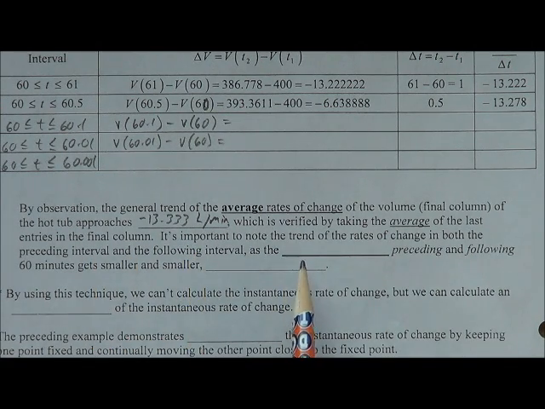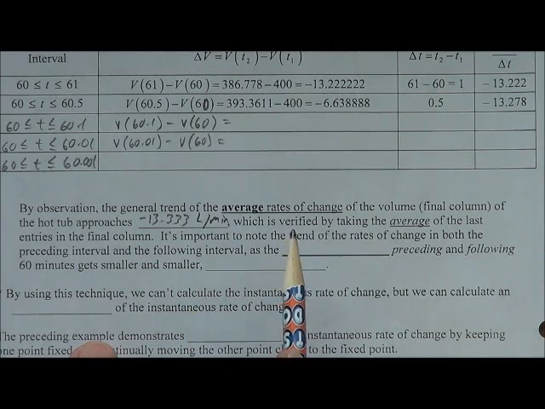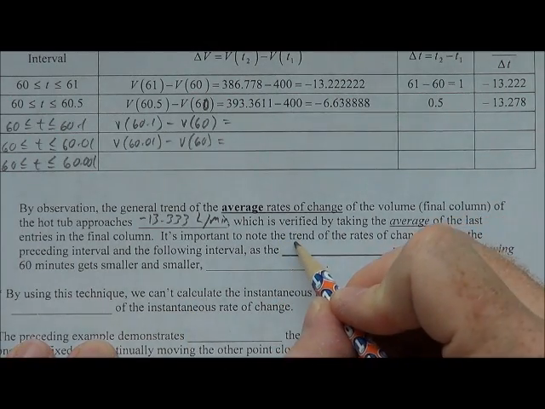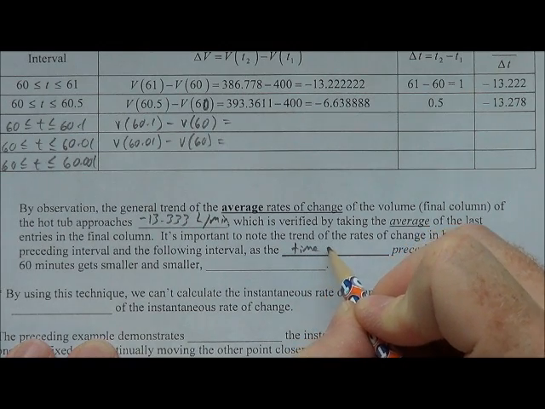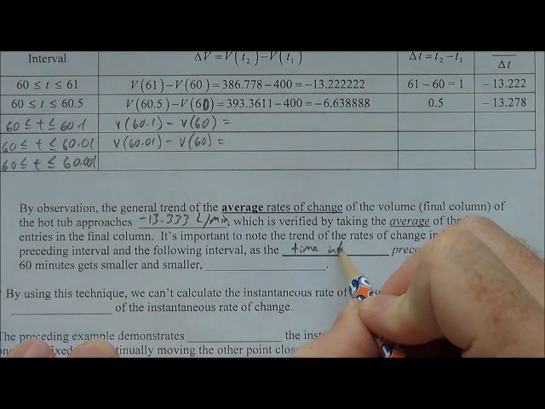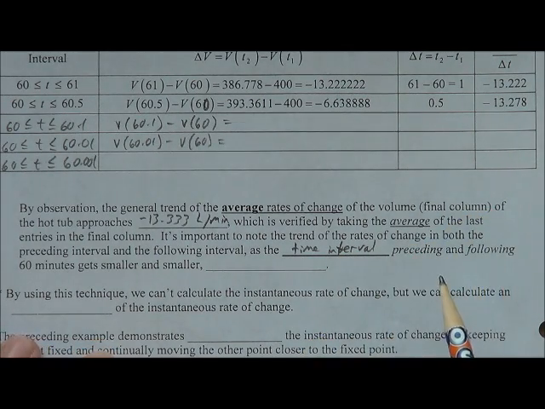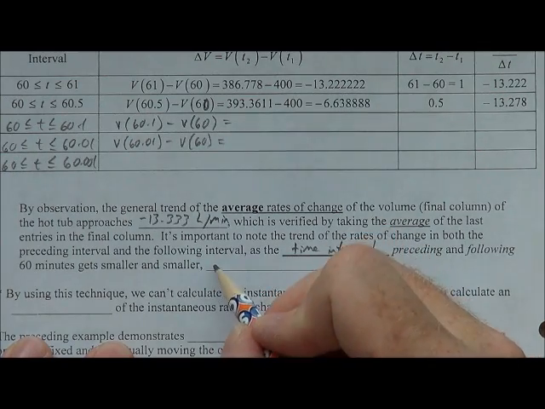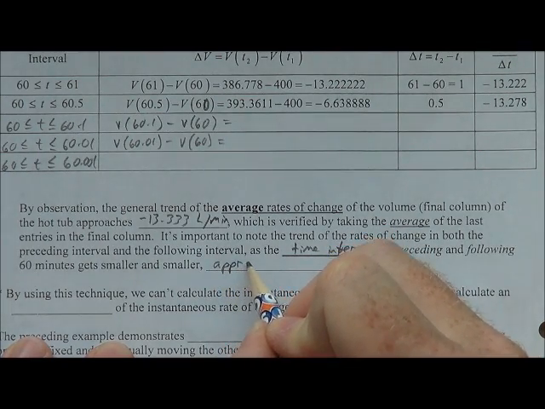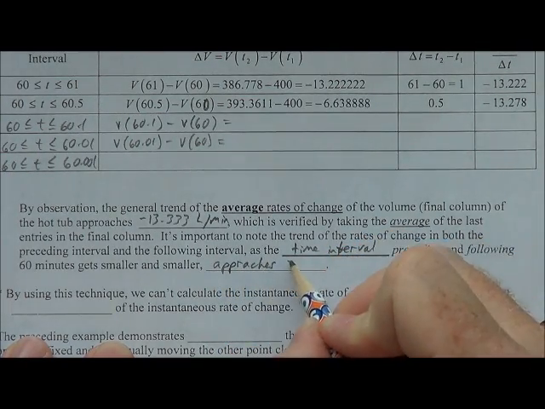It's important to note the trend of the rates of change in both the preceding and following interval, as the time interval preceding and following 60 minutes gets smaller and smaller, approaches zero.